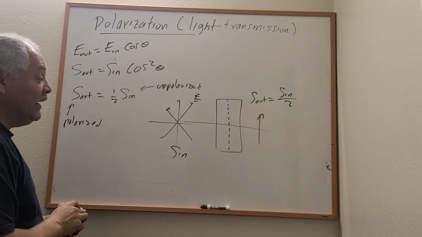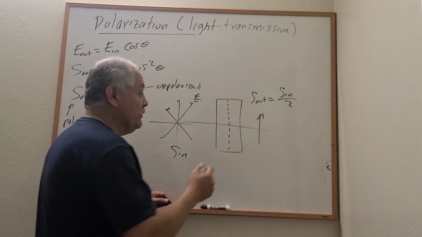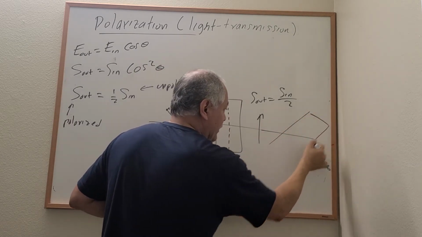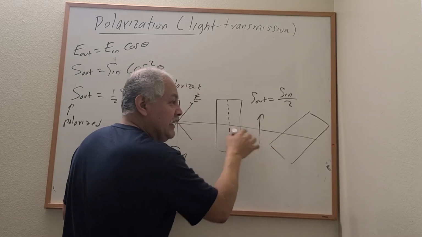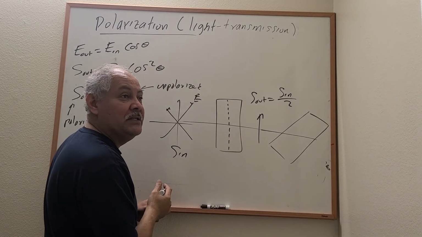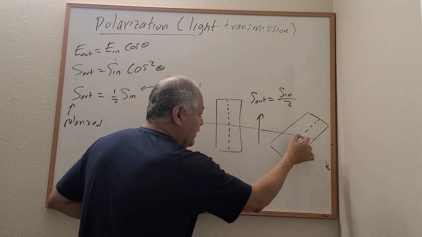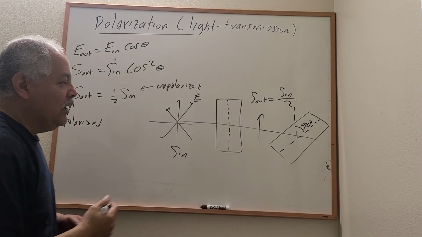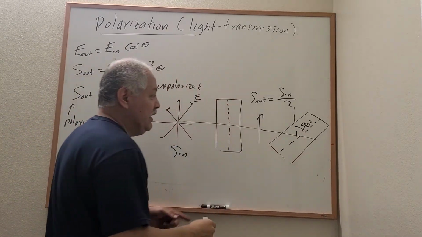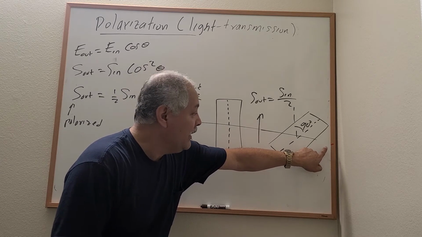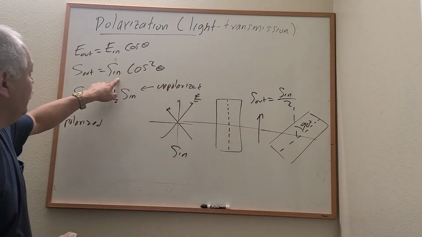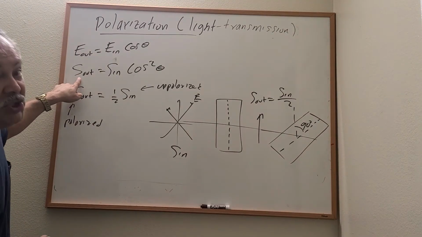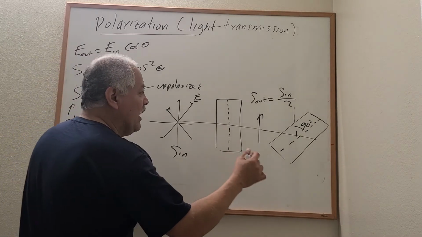Now, what happens if we use an analyzer which is perpendicular to this polarized wave, in this way, imagine. Okay, now this is 90 degrees. When that is 90 degrees, what should be the intensity on the other side? Well, we use the second equation, because now this is polarized, and also this one must be polarized too. Okay, perfect. So what do we have for this part?